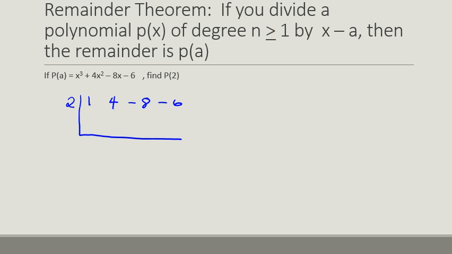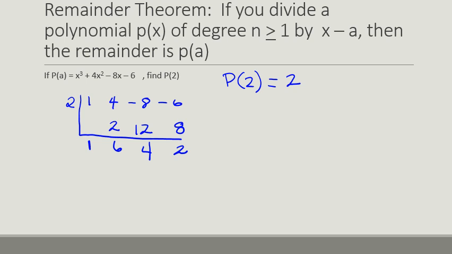I have a degree of 3 and 1, 2, 3, 4 down here. If I bring down the 1, 2 times 1 is 2. If I add, I get 6. 2 times 6 is 12. If I add, I get 4. 2 times 4 is 8. And that gives me 2 as a remainder. So according to this, p of 2 is 2.